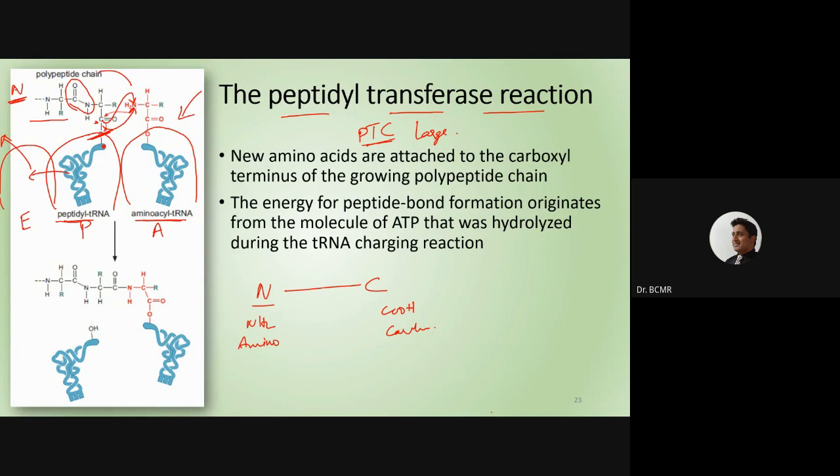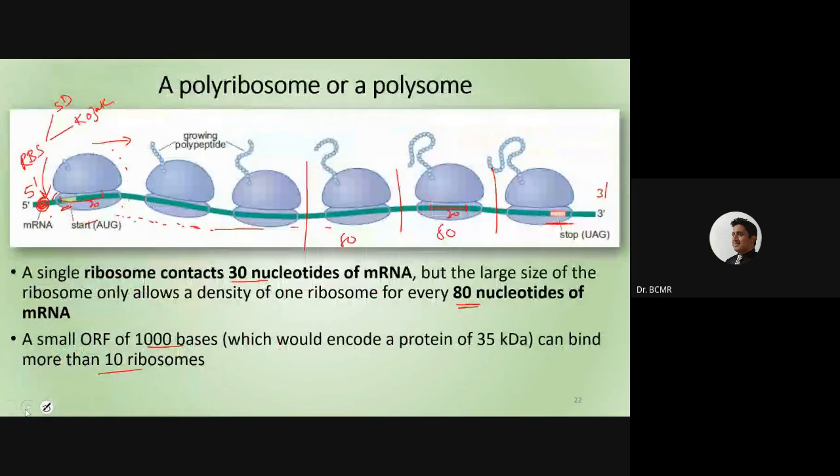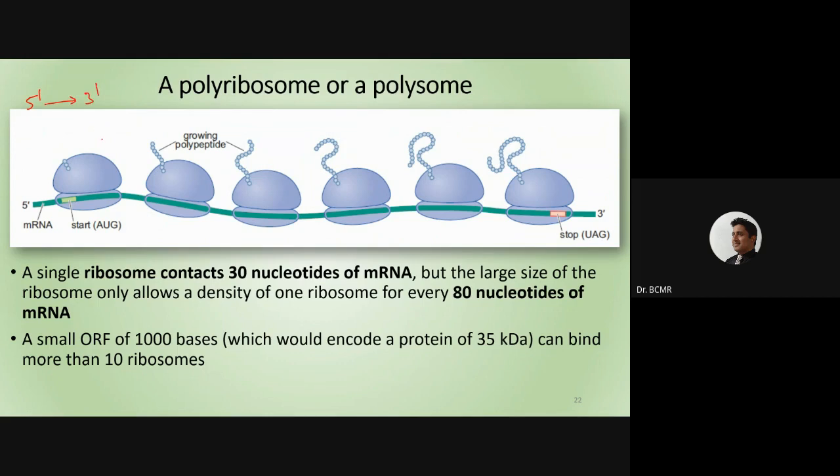As an overview of translation, the previous picture should be much more helpful, because the reading of the mRNA by the ribosome happens 5 prime to 3 prime. Majority of the reading of nucleic acids happens from 5 prime to 3 prime. This is a growing polypeptide with three amino acids, which means it has read three codons so far.